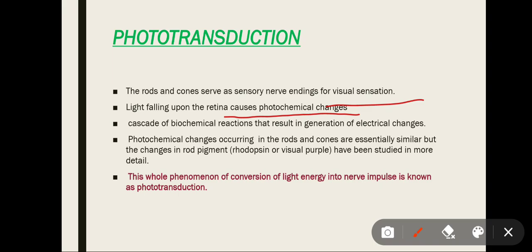Photochemical changes occurring in the rods and cones are essentially similar, but the changes in the rod pigment rhodopsin, or visual purple, have been studied in more detail. The whole phenomenon is conversion of light energy into nerve impulse. It is also known as phototransduction. So what is phototransduction? The phenomenon of conversion of light energy into nerve impulse is known as phototransduction.